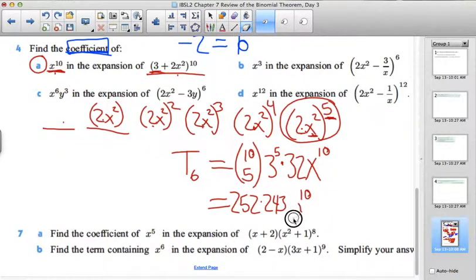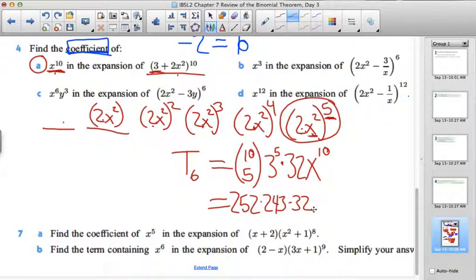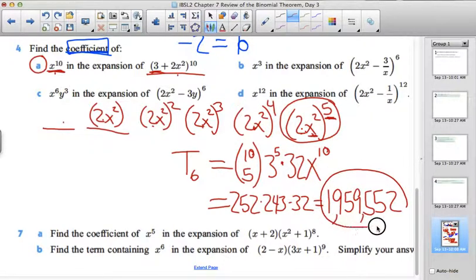We need some more room here because we have that 32. Don't lose that. So times 32 times 243, and we get 1,959,552. That's the coefficient we're looking for. Okay?